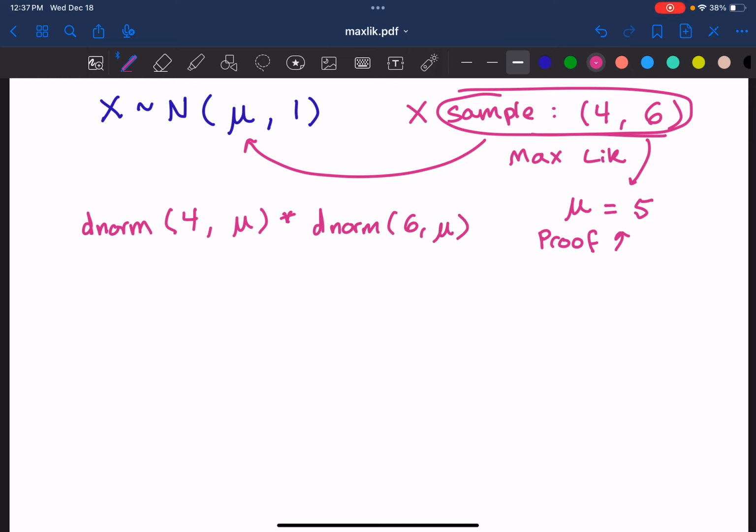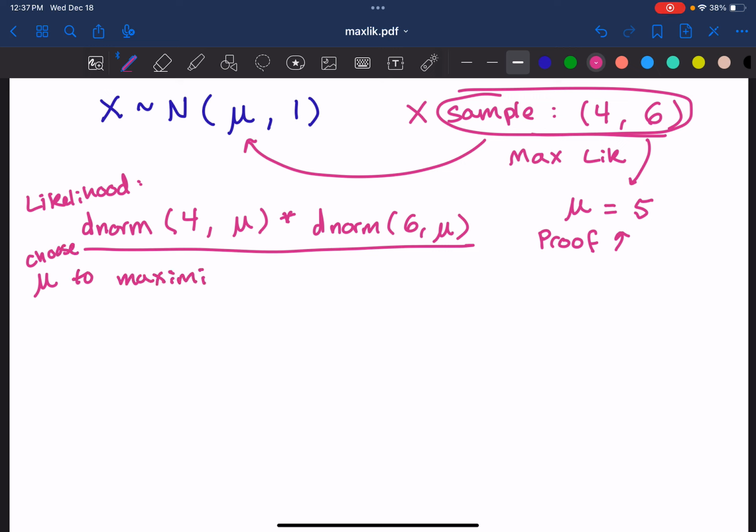We're going to write down the math equation for this. This is the likelihood of the sample. And then we're going to choose mu in order to maximize this likelihood.